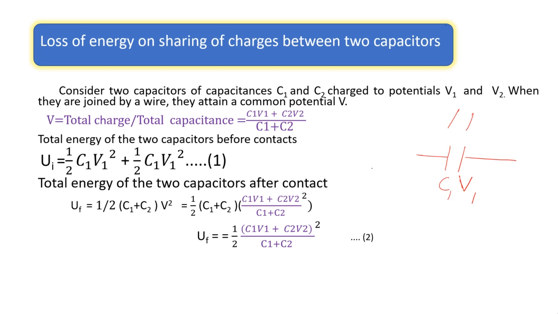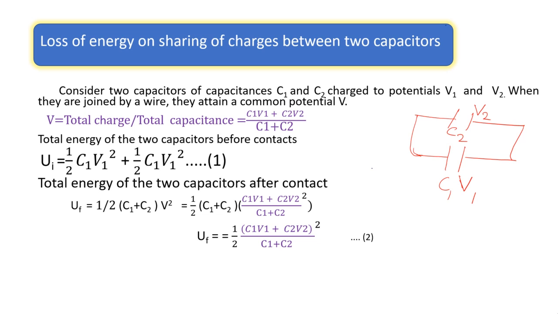Another capacitor has capacitance C2 and it is also charged, therefore it has a voltage V2. Now when we connect them, they will come to the same voltage, which may be different from V1 and V2 because there will be sharing of the charges. Now what happens to energy, I have to discuss.